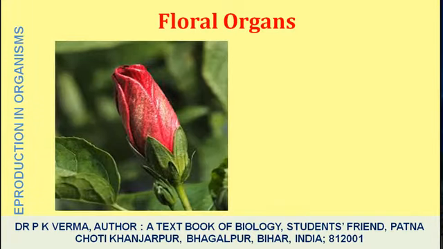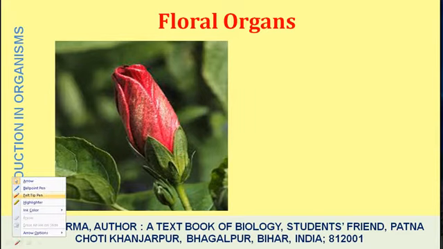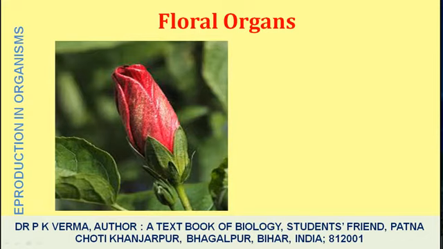Now in this photograph, a partly bloomed China rose has been shown. In all the flowers or most of the flowers, there are only 3 regular whorls along with an outer calyx.